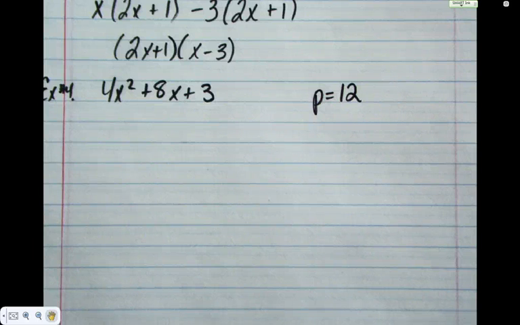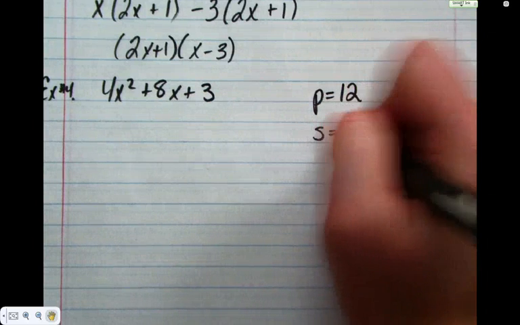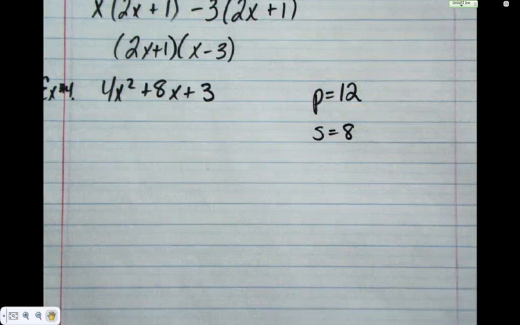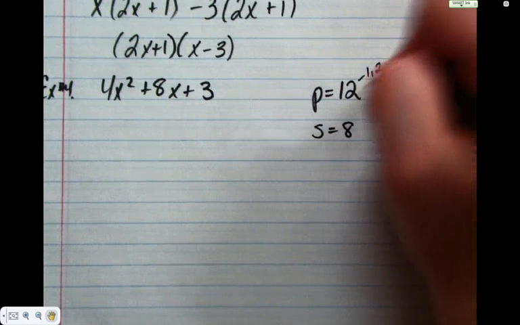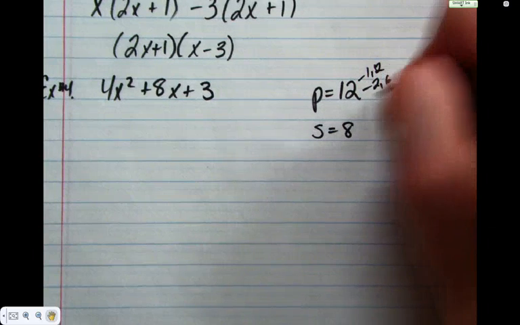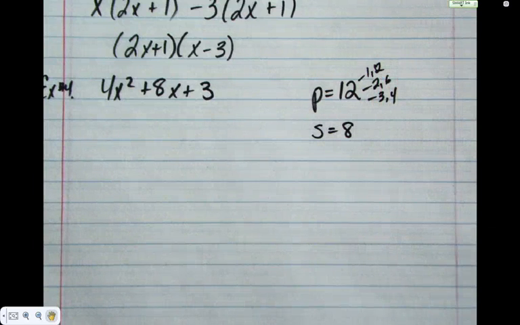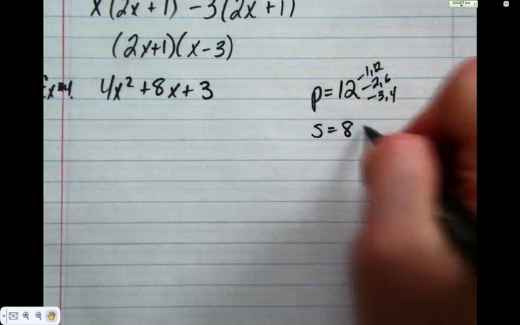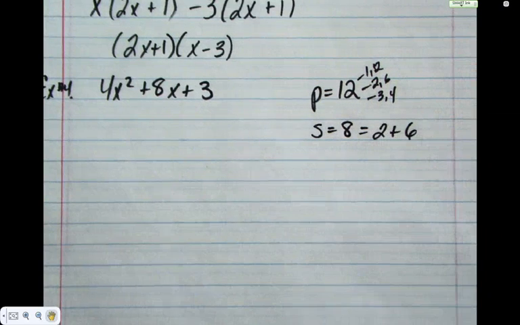You do step number 2. The only combination that's going to give us 8 will be 2 plus 6, or 6 plus 2. I don't care the order.